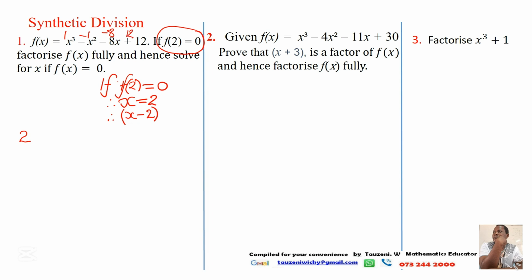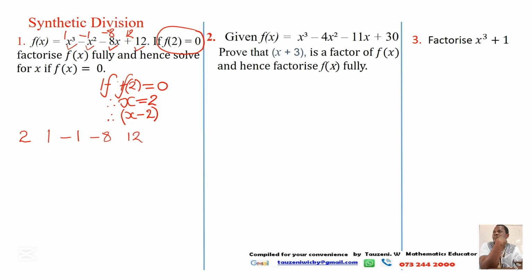These 4 numbers, the coefficient of x cubed, x squared, x, and the constant, we write next: 1, minus 1, minus 8 and 12.